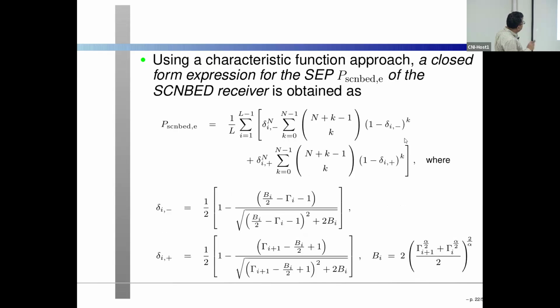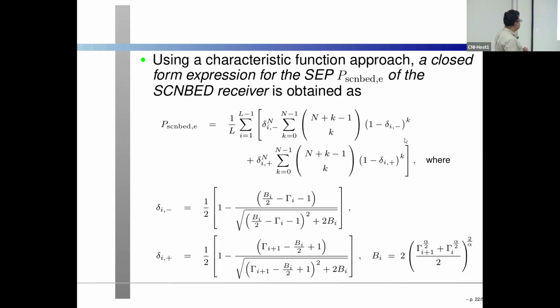Then for the alpha dependent CNBD, which is suboptimum, this is the expression. You have these two quantities, completely algebraic. This BI term is twice a modified mean of gamma I plus 1 and gamma I. Depending on BI and gamma I plus 1, you have these expressions delta I minus and delta I plus, and in terms of them you have the probability of error.